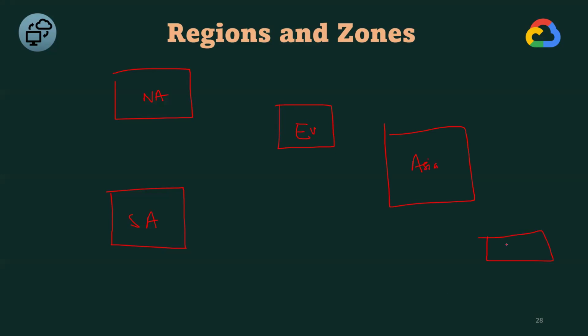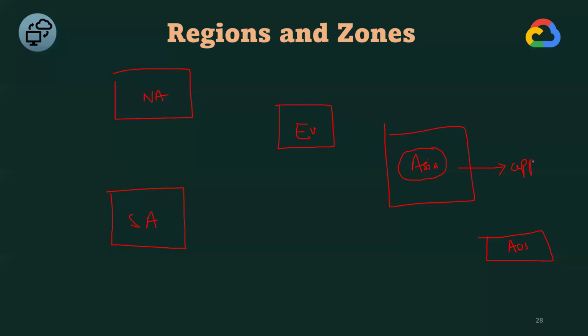Here we have Australia. Now, sir, we wanted to create an application. We are from Asia. If you don't select a proper region, that's where your application is not utilized by your people.